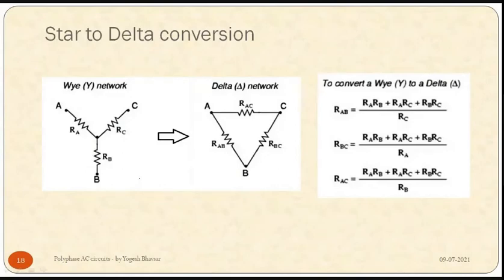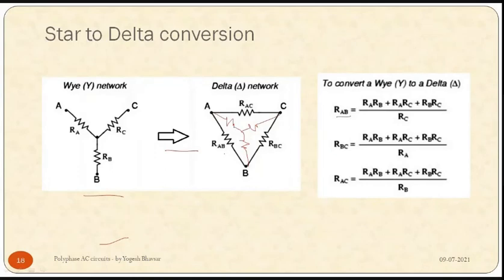Second, star to delta conversion. Now it is the opposite of delta to star. The given network is star, RA, RB and RC. Now we have to convert it into delta. So here we have this is RA, this is RC, and this is our RB. Now look at the formula.